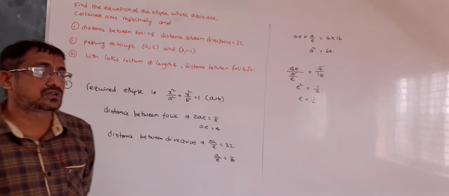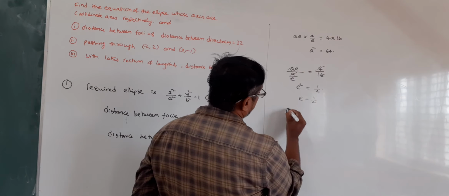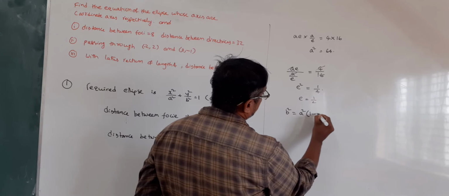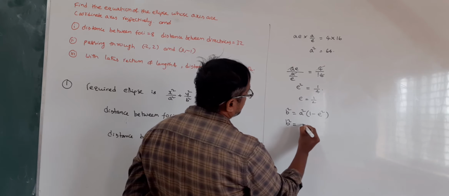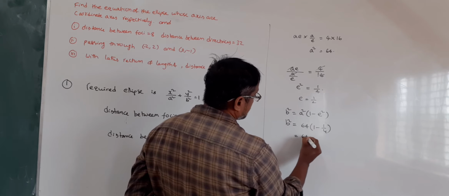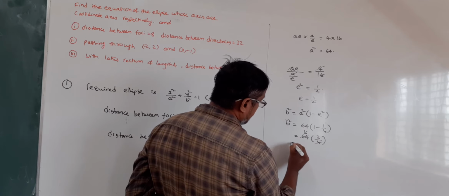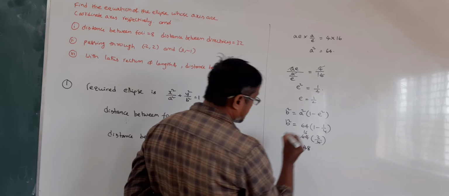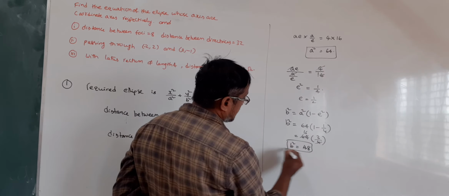Now you have a square. b square can be written as a square into 1 minus e square. So b square is equal to 64 into 1 minus 1 by 4. So 64 into 3 by 4. So b square will be 48. Now you have a square and b square.